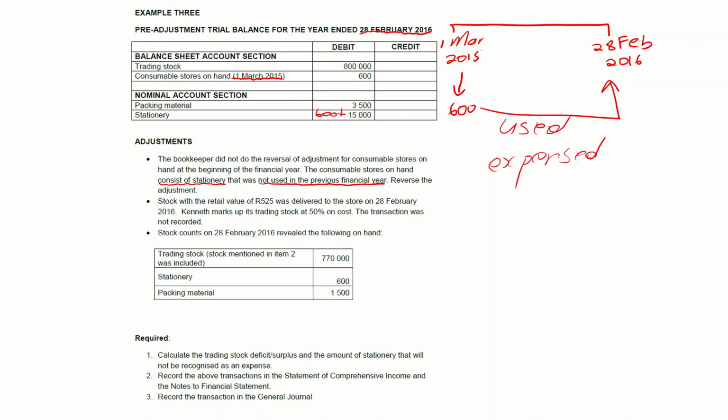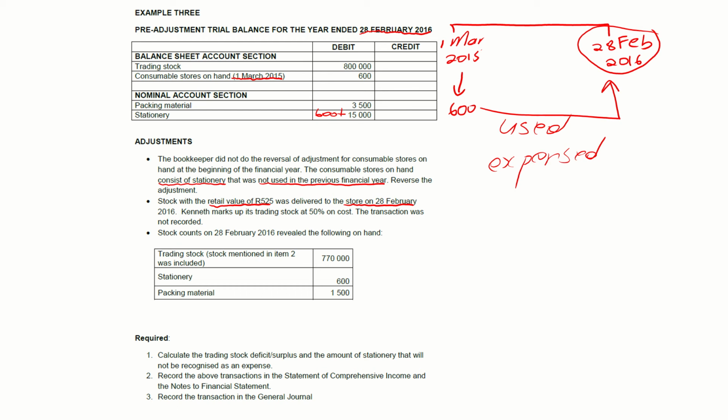Number 2 says, a stock with a retail value of 525 was delivered to the store, basically to us, on the 28th of Feb, which is the last day of the current financial year, 2016. Kenneth marks up his trading stock at 50% on cost, so we're going to use that if we need the cost price.